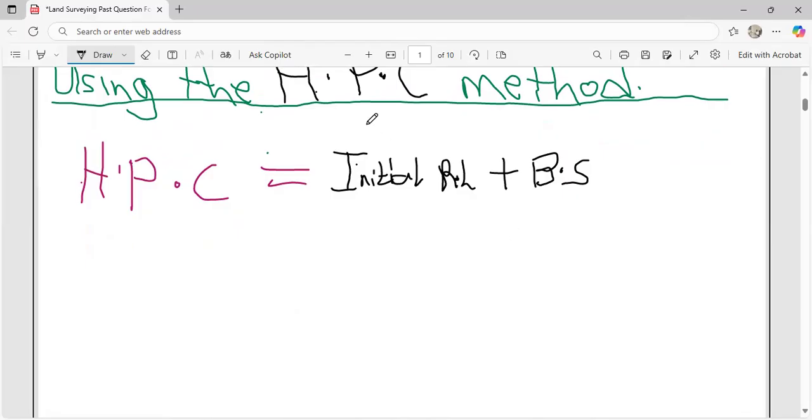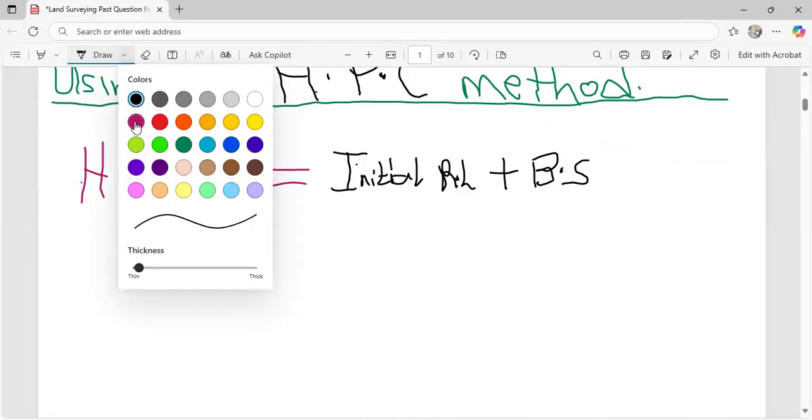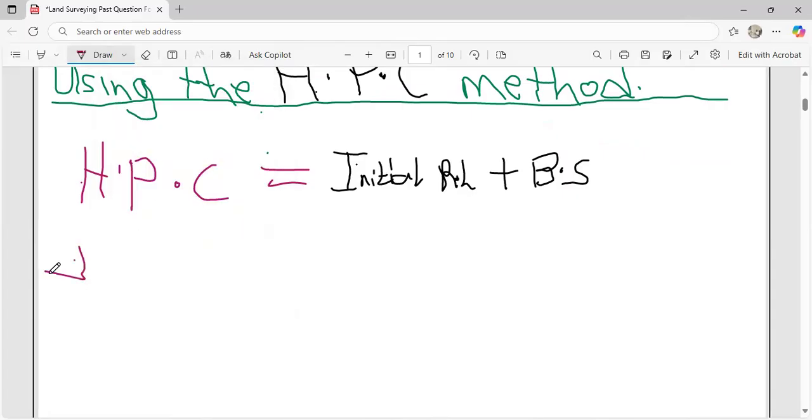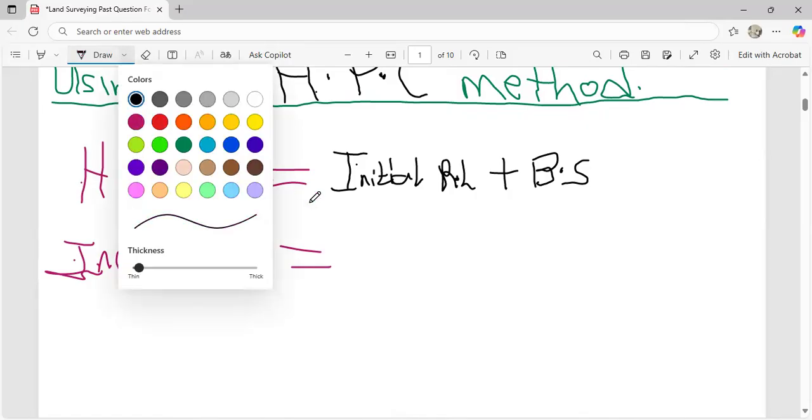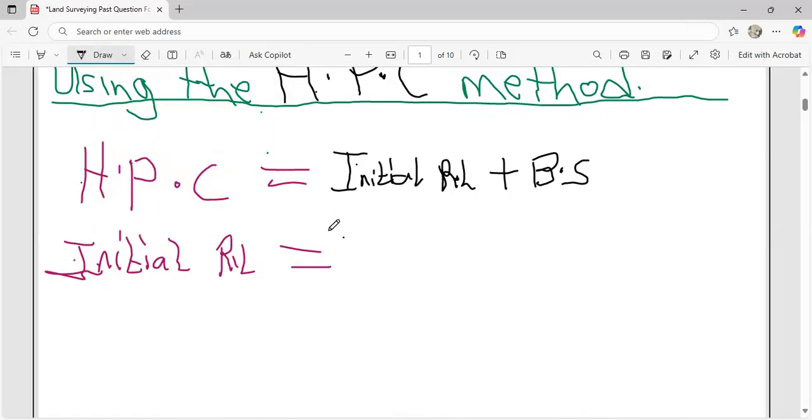And also, our initial reduced level can be calculated with a formula. We can find our initial reduced level easily by using the formula HPC minus the foresight.